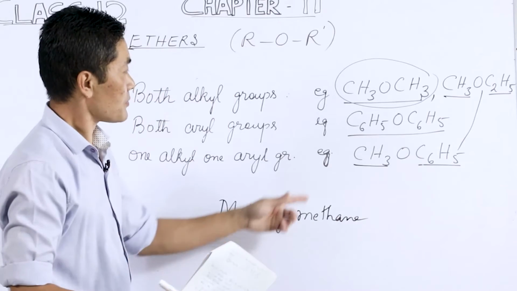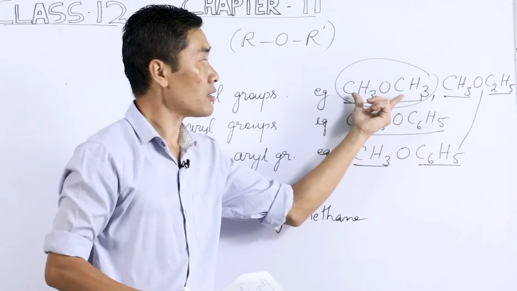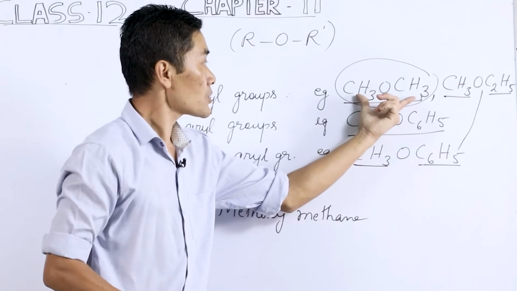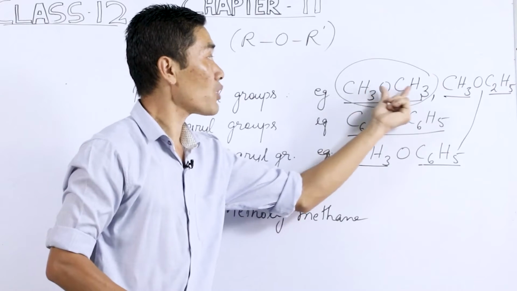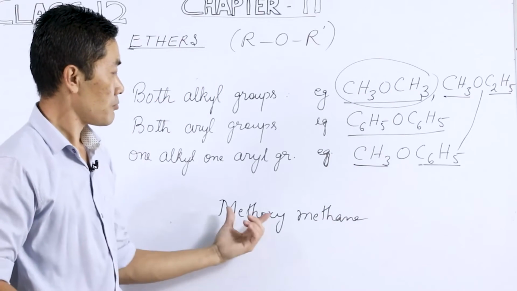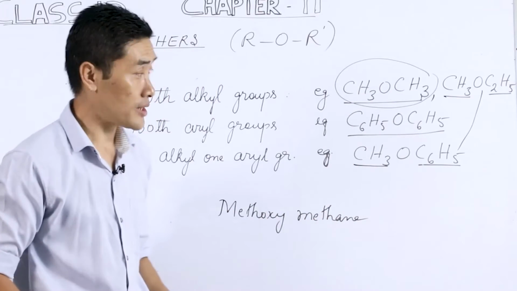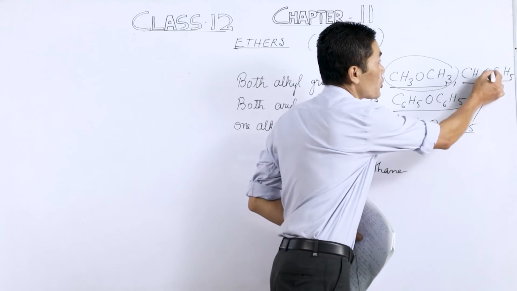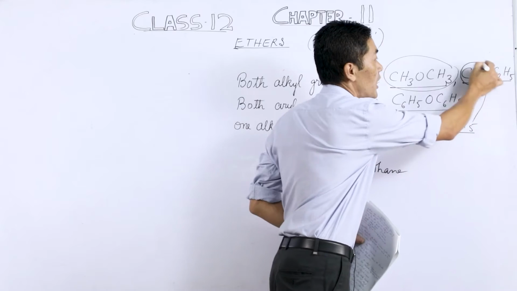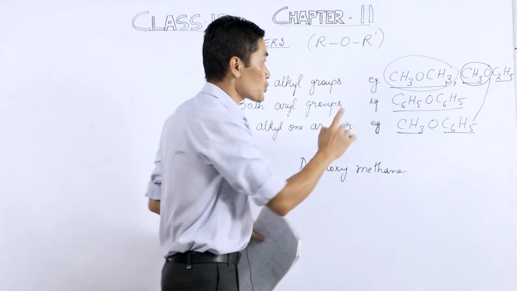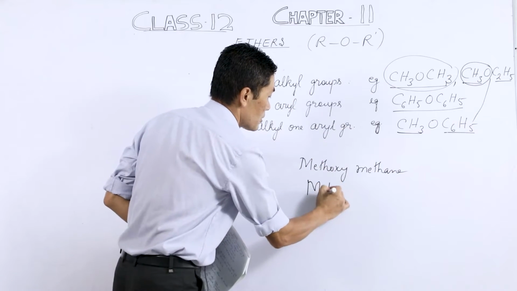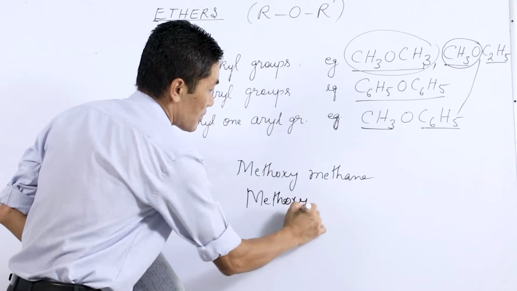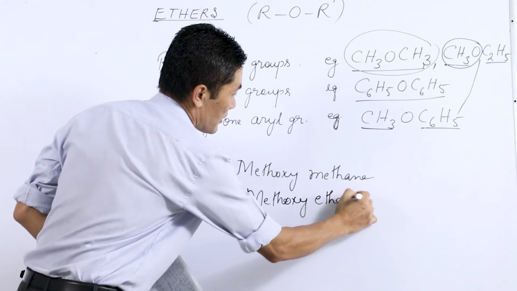Now in this case, both the alkyl groups are the same, so the alkoxy group can go to any one of them. Methoxymethane will be obtained in each case. But if we have two different alkyl groups like this, then the alkoxy group goes to the smaller alkyl group. So this will be named as methoxyethane.